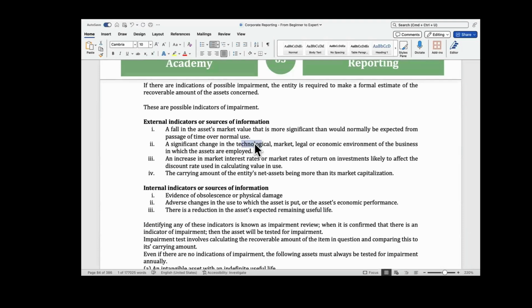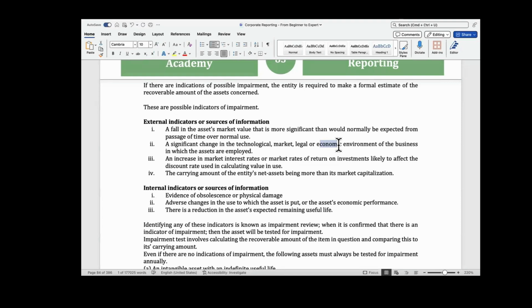So if there is a change in technology or a change in economic environment, like what is happening in our country now, where almost all the macroeconomic indicators are elevated, like inflation is elevated over 31%, talking about the core inflation.